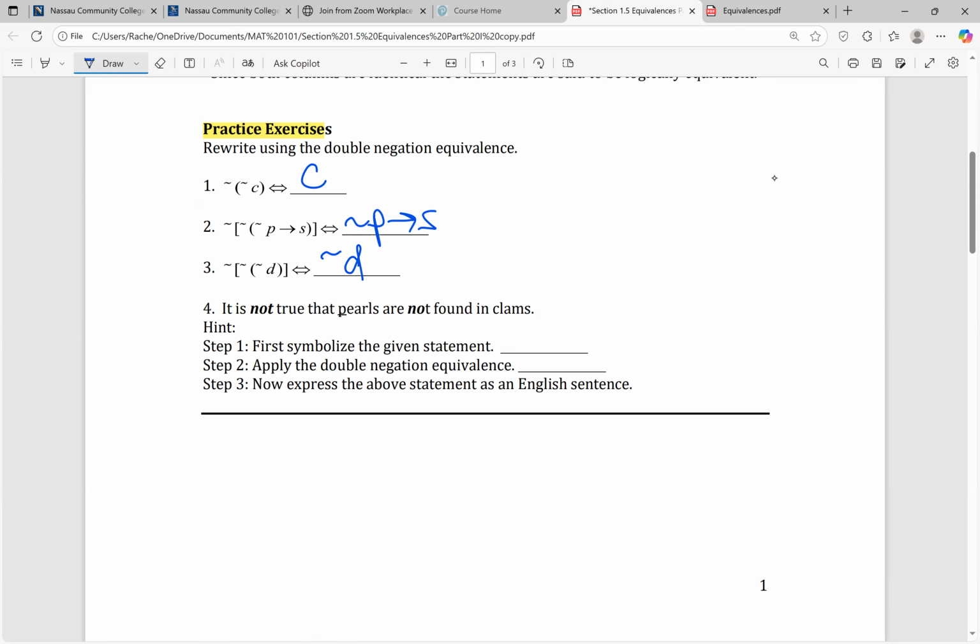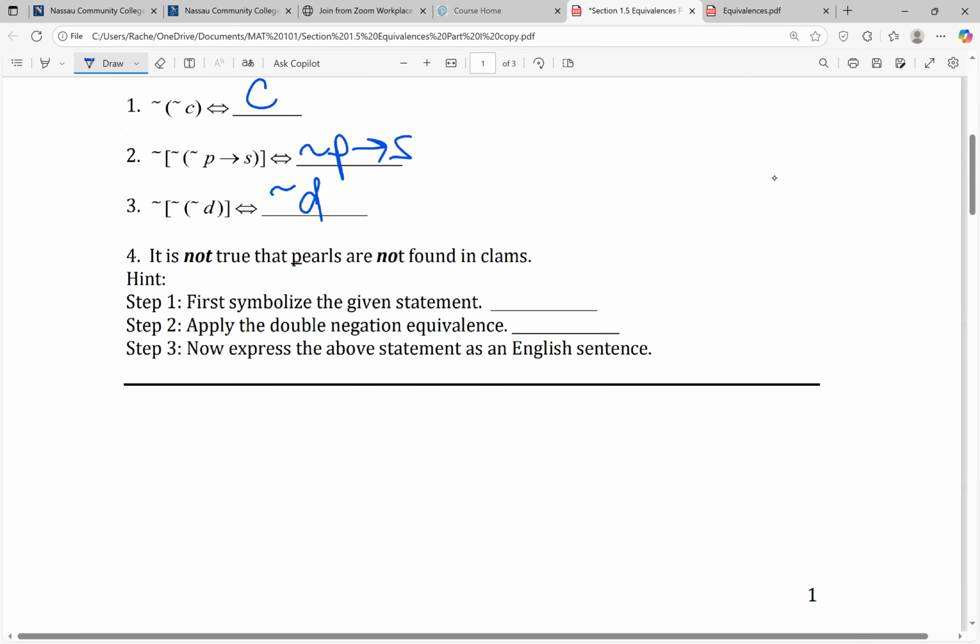And let's do one in words. Number 4 says, it is not true that pearls are not found in clams. Typically, whenever we're going to use one of these equivalencies on a word statement, like a verbal statement rather than symbols, it's nice to follow 3 steps.